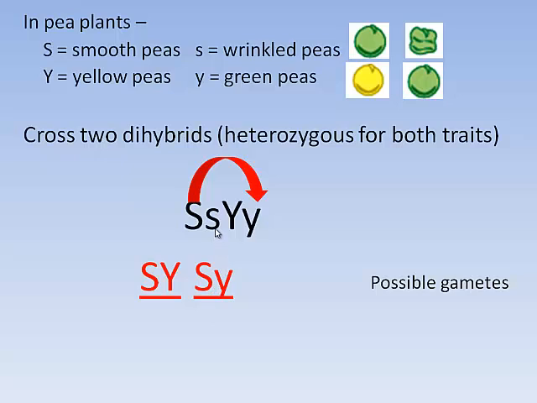Now we're going to match up this allele with the first allele for the next trait, and then we're going to match up this allele with the second allele for the second trait. And these will be the four possible gametes that could be made. This is every possible combination of these alleles.